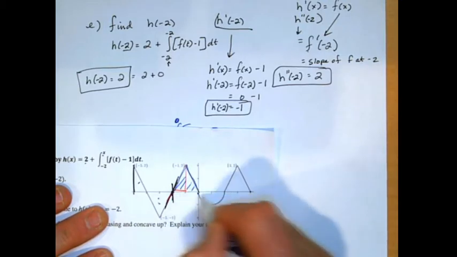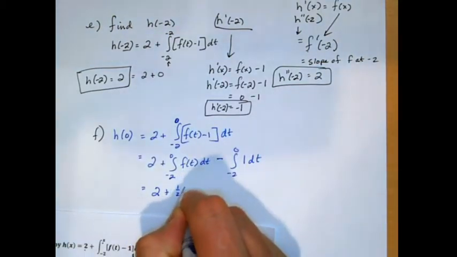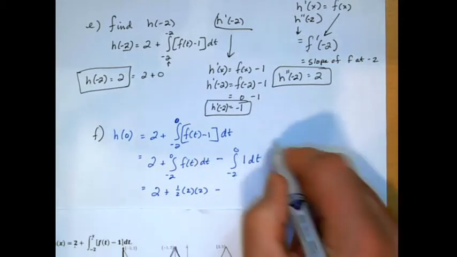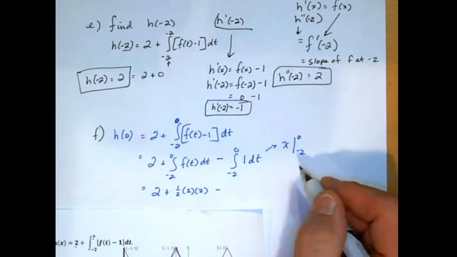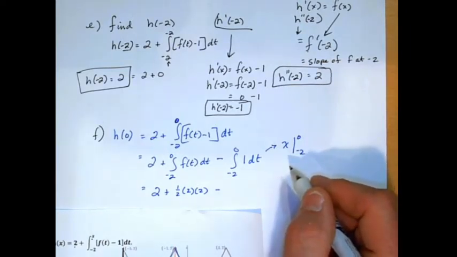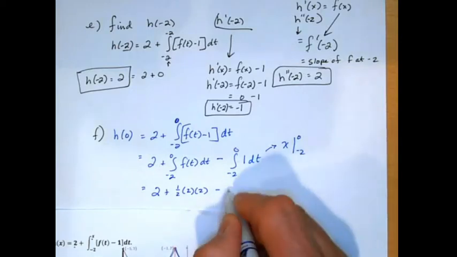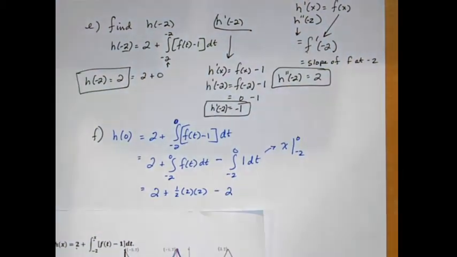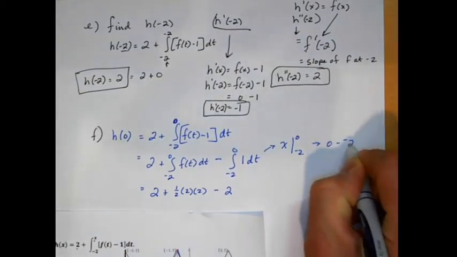It has a width of 2 and a height of 2, so it's 1/2 of 2 times 2, minus x from 0 to negative 2, which is 0 minus a negative 2, which is 2.